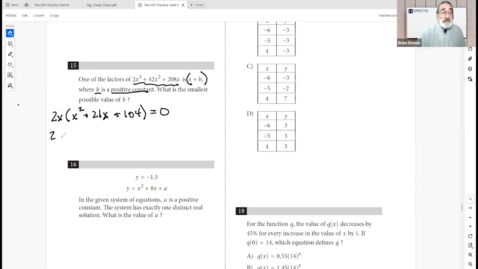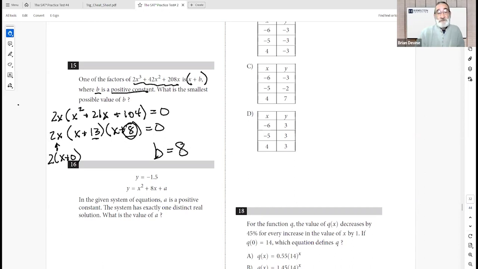So I can rewrite that as 2x times x plus 13 times x plus 8 equals 0. And I remember that this is going to be 2 times x plus 0, and 0 isn't positive, but 13 and 8 are, and the smallest possible value is 8, so B is 8.